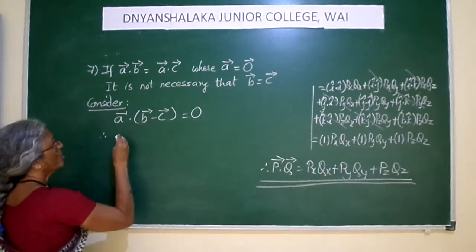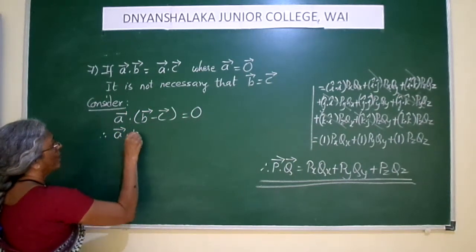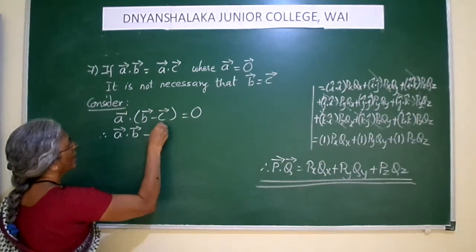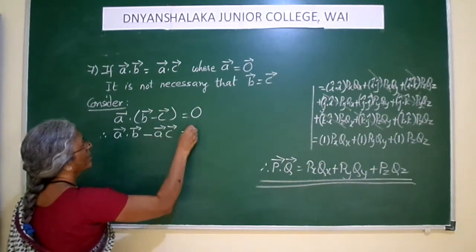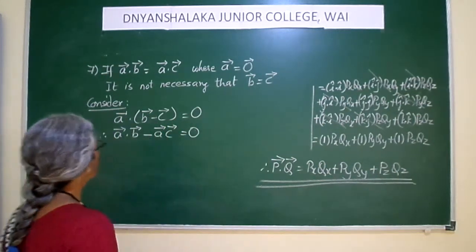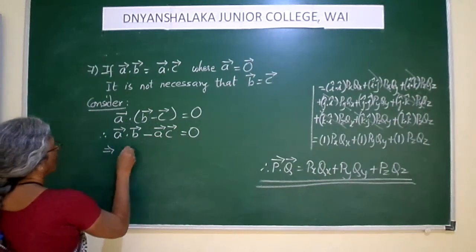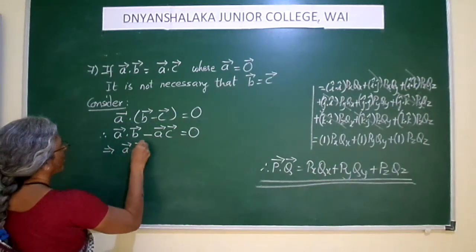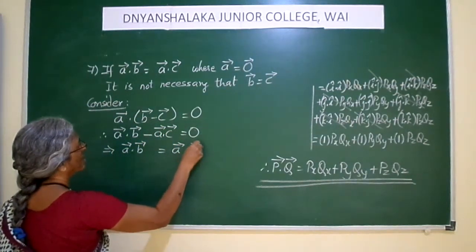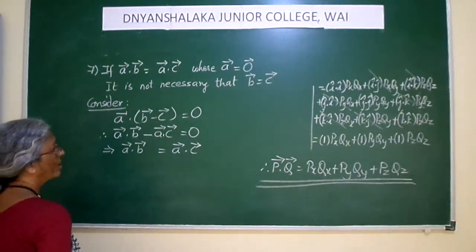Therefore, by distributive law, vector A dot vector B, okay, minus vector A dot vector C will be equal to 0. Right? So, here this implies that vector A dot vector B is equal to vector A dot vector C. This is what we have got over here.